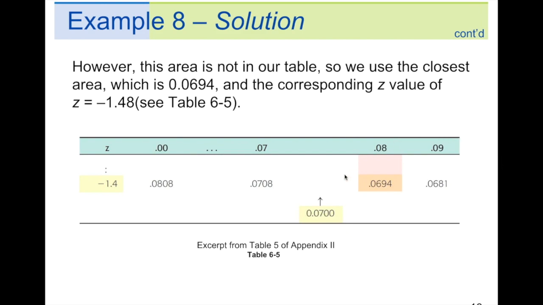This is the table that's in Appendix 2 or just in the front of your book, like we've been using. It's somewhere between negative 1.48 and negative 1.47. And we want it less than, so we're going to have to stick with the negative 1.48.